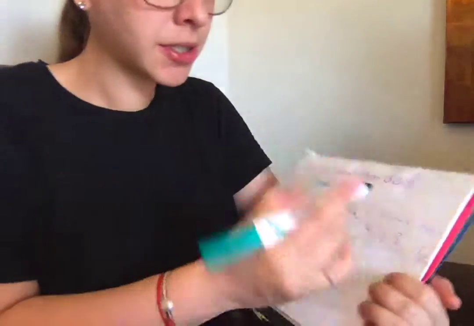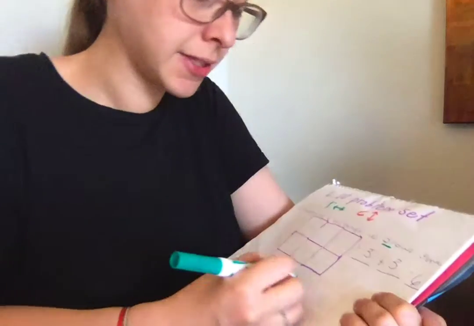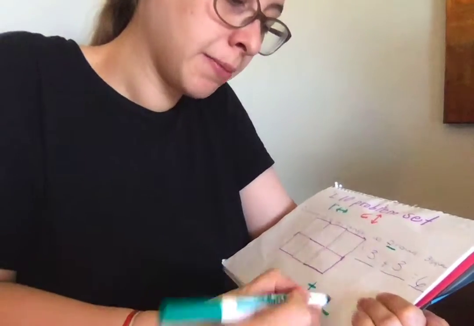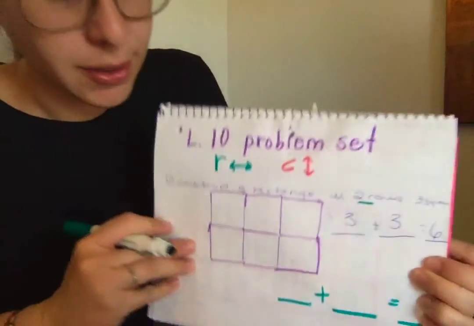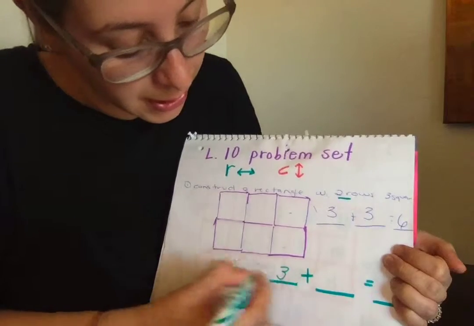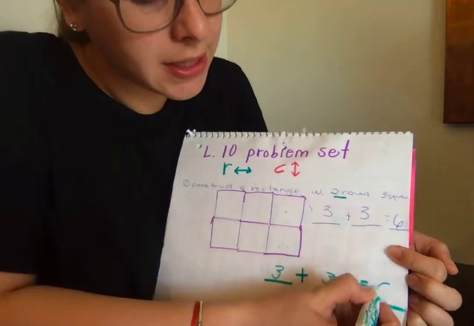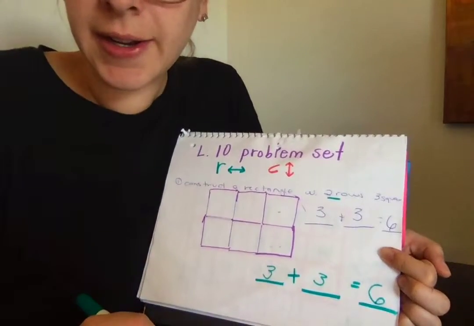Well, they told us we had 2 rows, so we're only drawing 2 lines. 1 line plus the other, like this. So we have 2 rows, and in this row we have 3, and in this row we have 3. 3 plus 3 is 6.